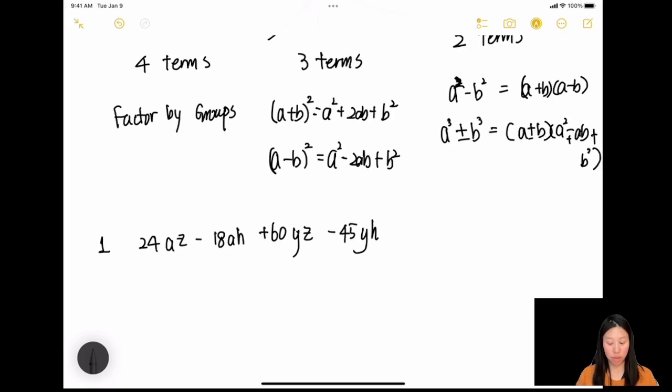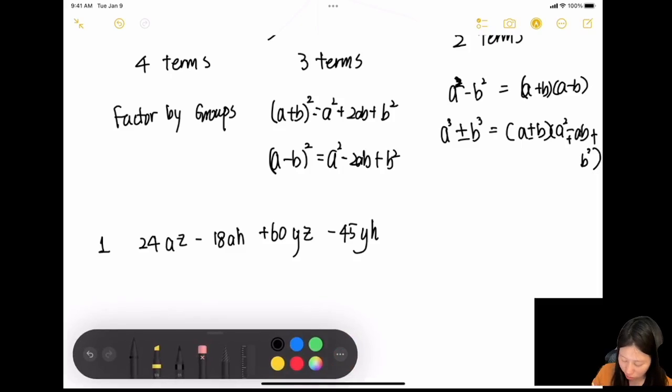Well, let's see if they have any common factor. They have 24, 18, 60, and 45. The first thing I could think about is 2, but they can't factor out by 2 because 45 is an odd number. So by 3. So let's factor the 3 out.